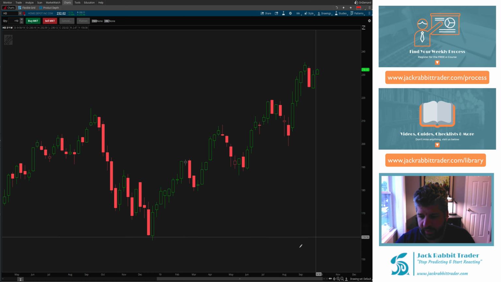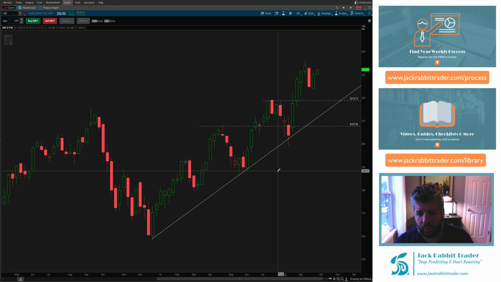So if we look at this uptrend here, you can see there's a resistance point at 281 and a resistance point at 207. What we're looking for is a consolidation where we can identify support and resistance in a very tight range, and then a breakout above that.